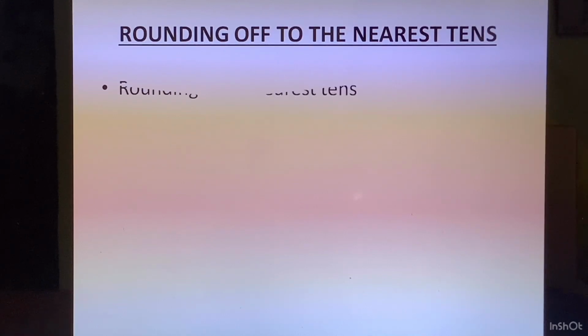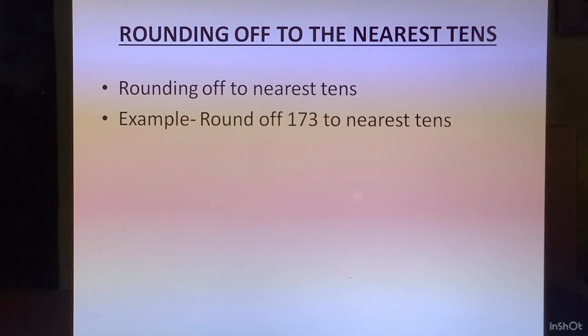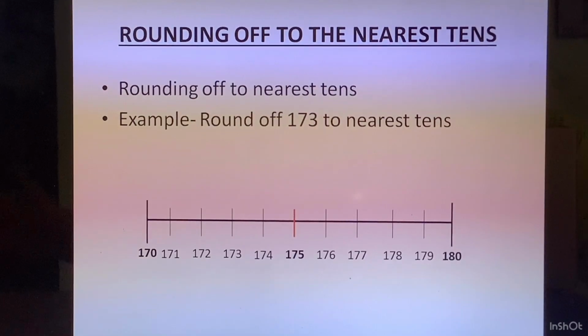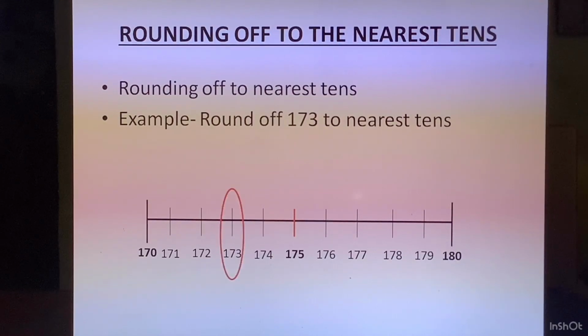Let us take an example here. Round off 173 to the nearest tens. First I'll explain with the help of the number line model. You can see numbers from 170 to 180 on the number line here, 175 being the center point, marked in red. Our number 173 is closer to 170 as compared to 180.